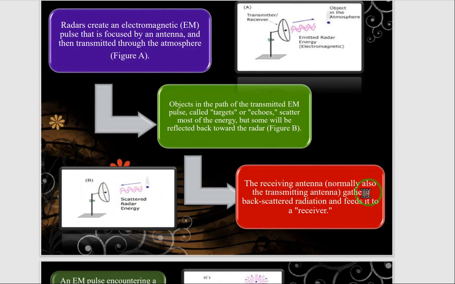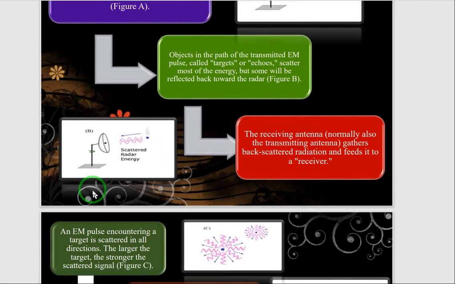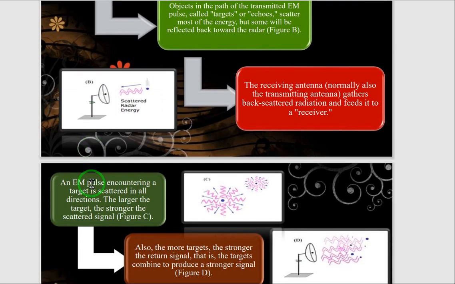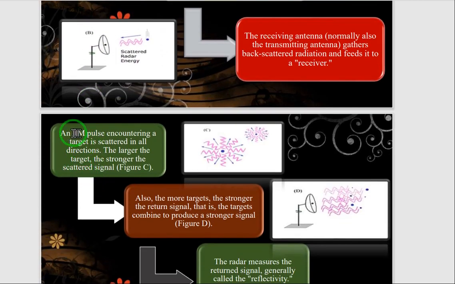The receiving antenna, normally also the transmitting antenna, gathers the back-scattered radiation and feeds it to a receiver. Then the signal is received by the antenna and given to the receiver circuit for processing. An EM pulse encountering a target is scattered in all directions. The larger the target, the stronger the scattered signal.